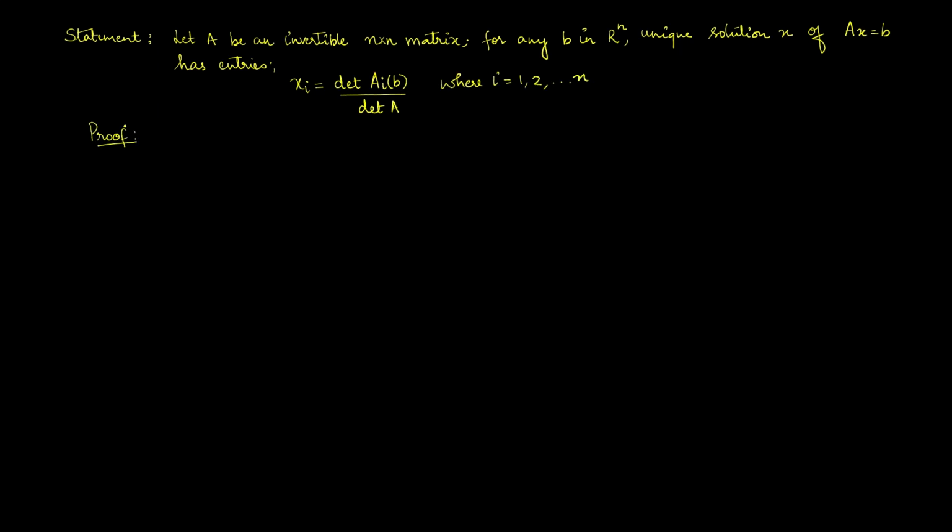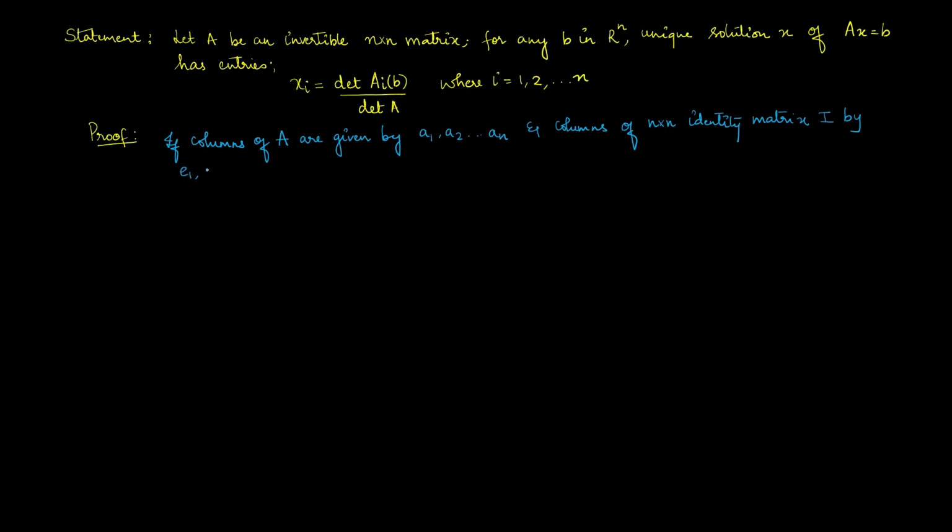So to prove this, we will consider a matrix A with columns given by A1, A2 up till An, and we will consider another matrix, the identity matrix I, with the column entries e1, e2 up till en.